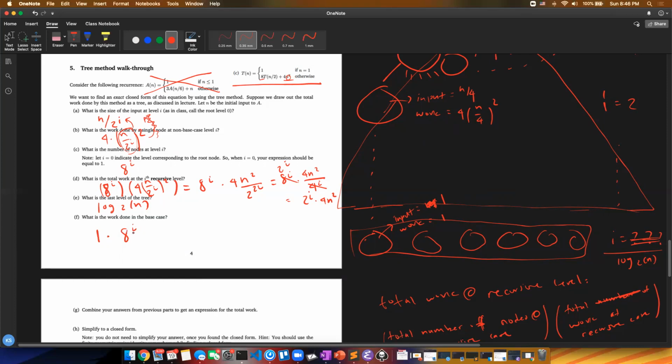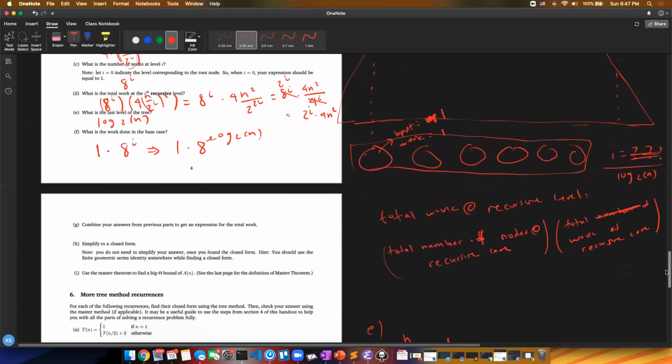We know that we reach base case when I is equal to log 2 of n. So we can substitute this in for I, and this function can be modeled by 1 times a to the log 2 of n, essentially. And this is the total work done across the whole base case.